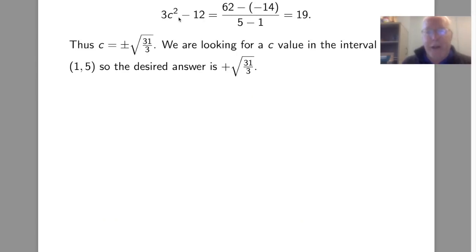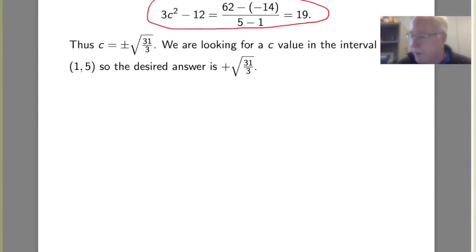This is a very easy algebra problem, so we have the equation 3c squared minus 12 equals 19. Bring the 12 to the right, divide by 3, take square roots, and we find there are two values of c that might apply. c equals plus or minus the square root of 31 over 3.